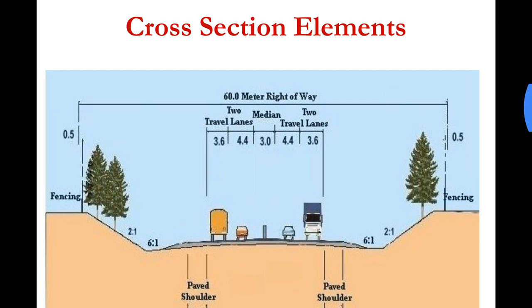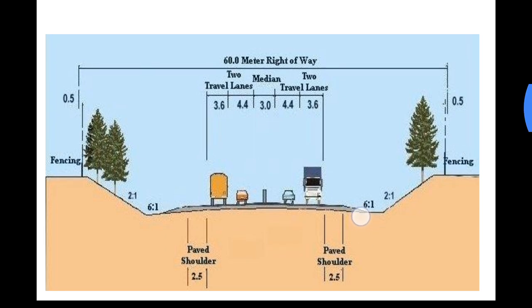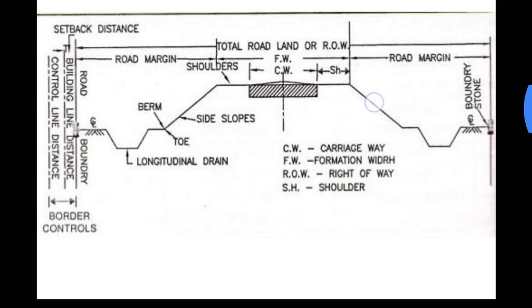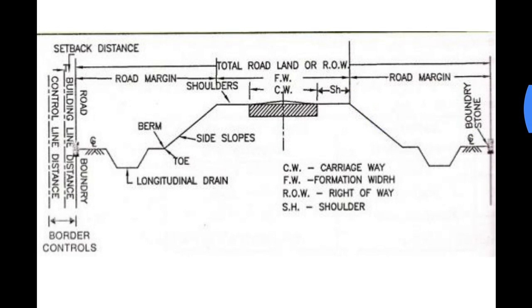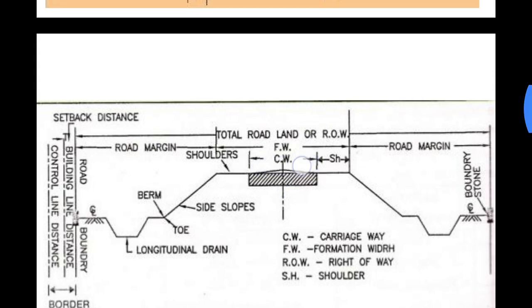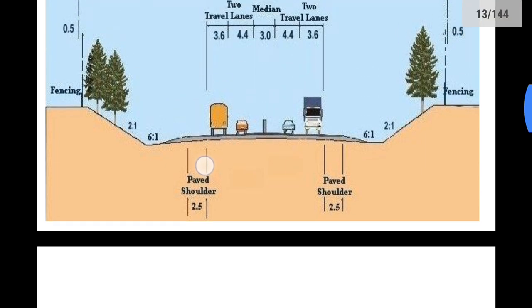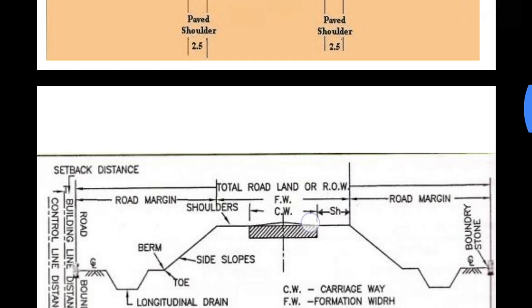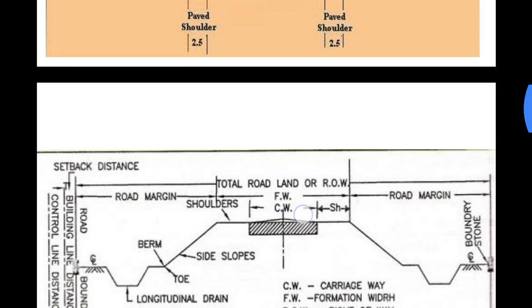So firstly let us look at a cross section of a roadway. The path or pavement on which the vehicles travel, this one, is known as carriageway, CW here.